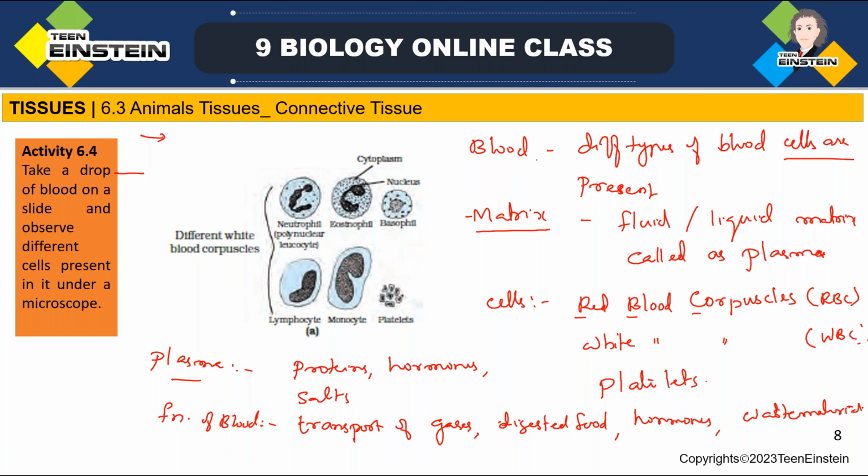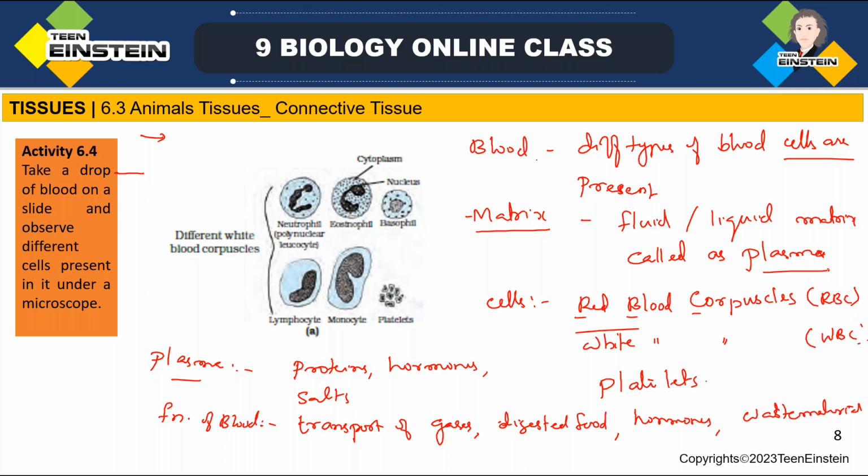These blood cells are present in different types. Which are the different types of cells? RBC, red blood corpuscles, white blood corpuscles, and platelets. All these different types of cells are embedded in a matrix. That matrix is a fluid or liquid matrix that is called plasma, blood plasma.